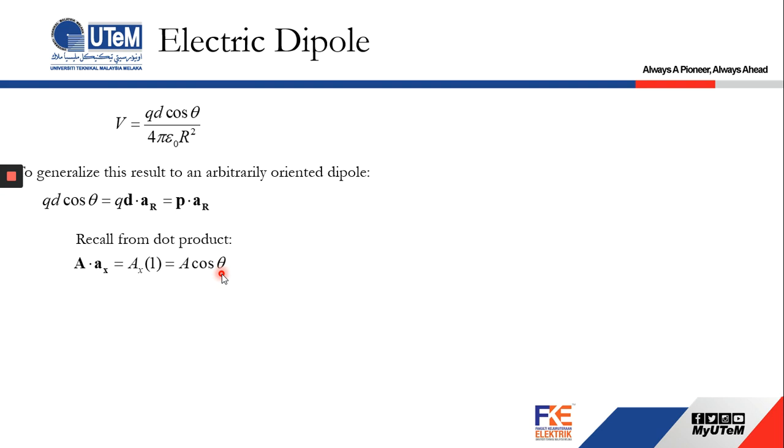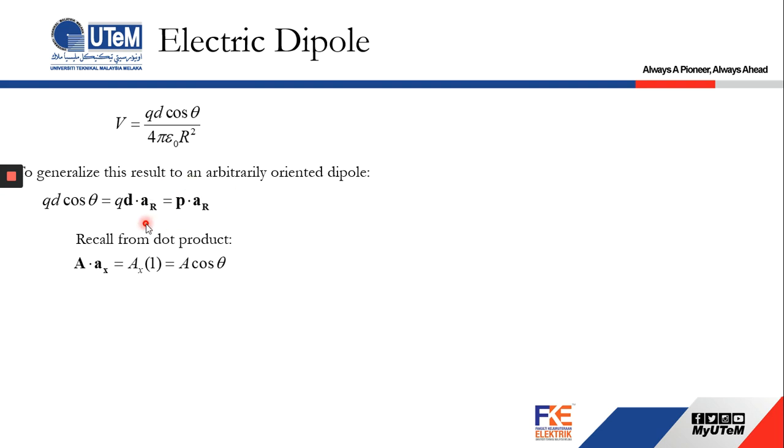So now we can see a pattern here. Since we have d cos theta, if we replace d cos theta here, we can represent it as vector d dot product with the unit vector. In this case, since our coordinate is in spherical, we use AR, which represents the direction of the radius.